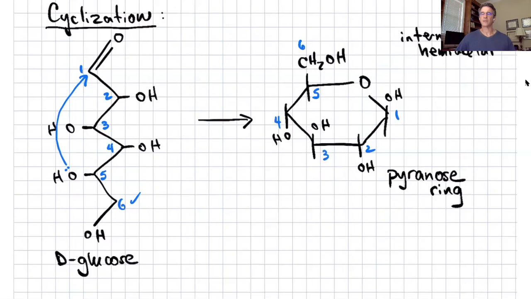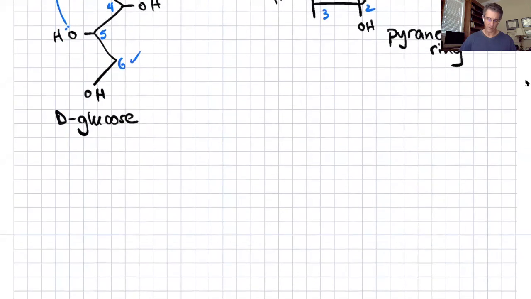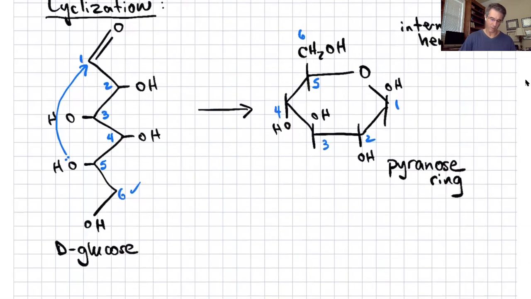Glucose exists in equilibrium, in principle, with its tautomer, remember, D-fructose, which is a ketose. So we move that carbonyl group over 1 carbon. We have a molecule that would look like this.